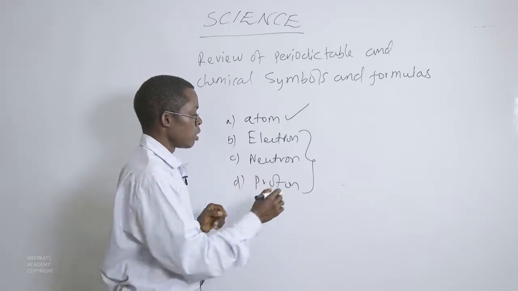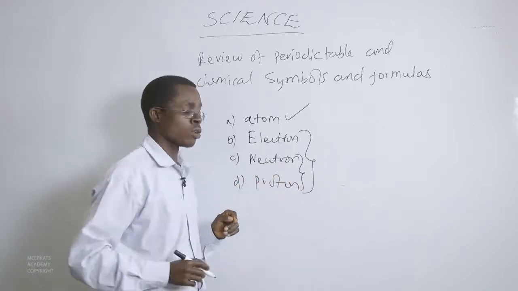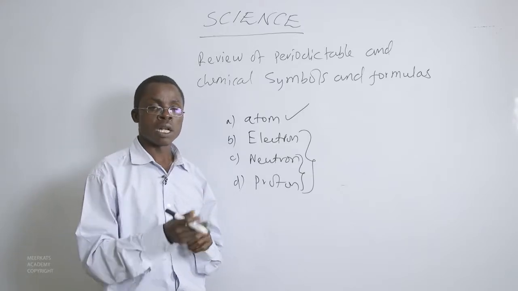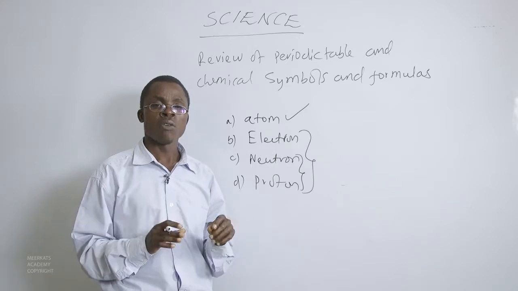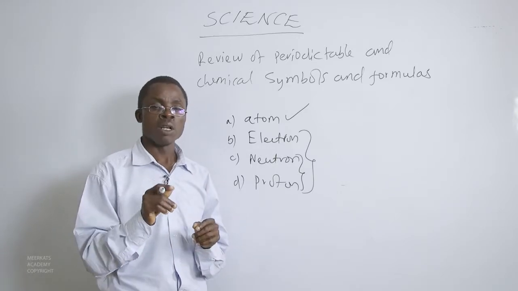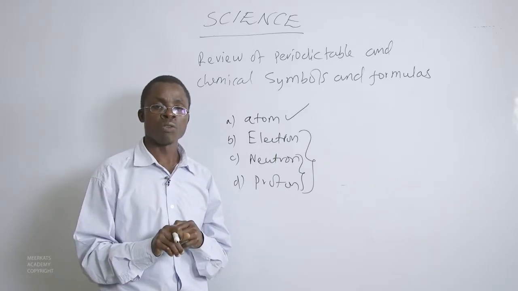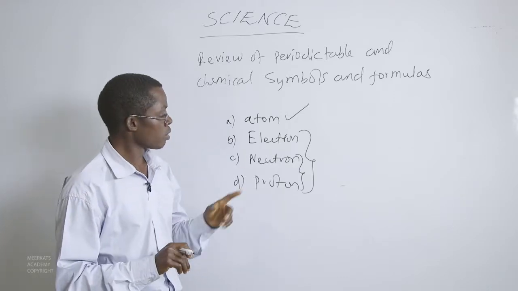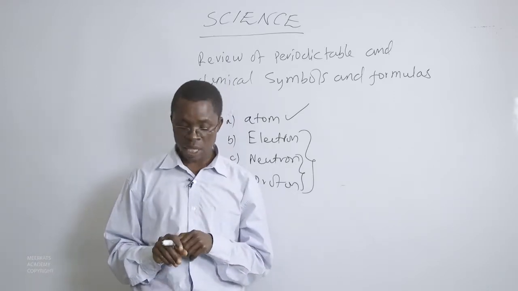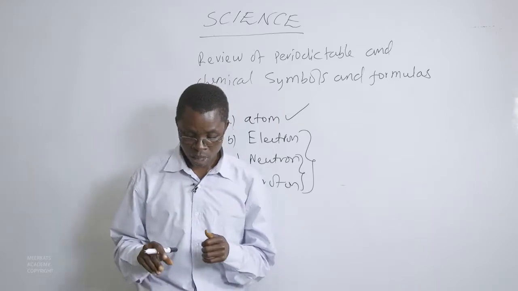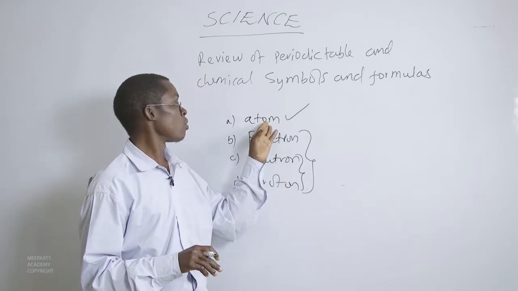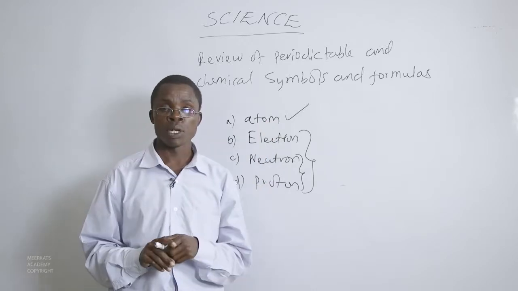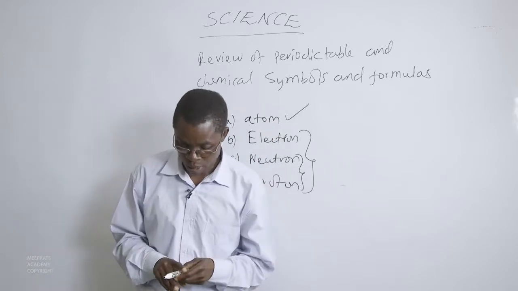The neutron and proton form the nucleus, and around the nucleus we have the electrons, which all together form an atom. I hope you get that very clearly, and that's why I came in with that question, so that it can clarify which one is the smallest particle or unit of an element.